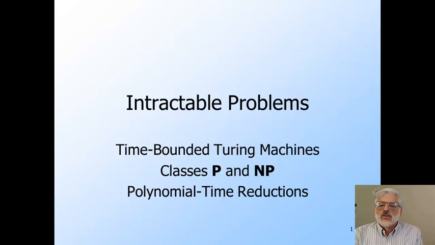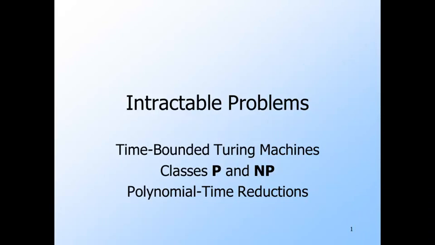In this lecture, we introduce several important preliminary concepts. We introduce the idea of a Turing machine that is time-bounded. It can only run for a time that is a known function of its input size before it has to stop and tell us whether it accepts or rejects. We introduce the class P of problems or languages, it's the same thing of course, that can be solved by a Turing machine that runs in polynomial time as a function of its input size.